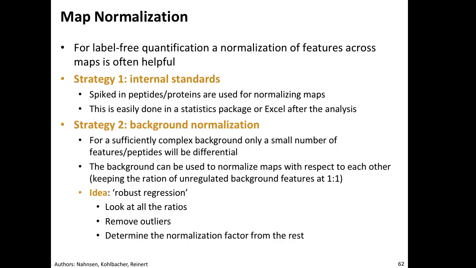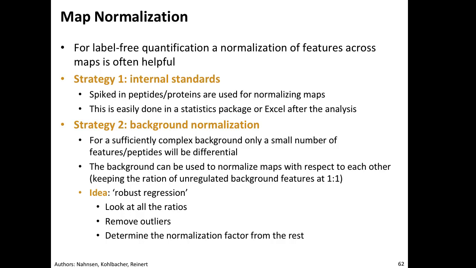The trick here is to do some sort of robust regression. If you have two maps, for simplicity's sake, you look at all the ratios in these maps, and you get some sort of distribution. Some of them will be upregulated, others will be downregulated, but the majority will be right in the middle.